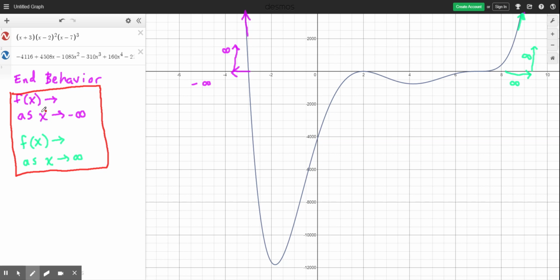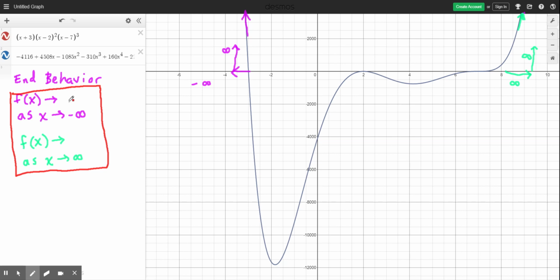Because we're always going to have the x values go to the left and always going to have the x values go to the right. Those are independent variables, meaning they're allowed to go that way. But the dependent part, the y part, the up and down part, or potentially it leveling off to a certain value, what we would call an asymptote, right? That is what we need to be careful about.